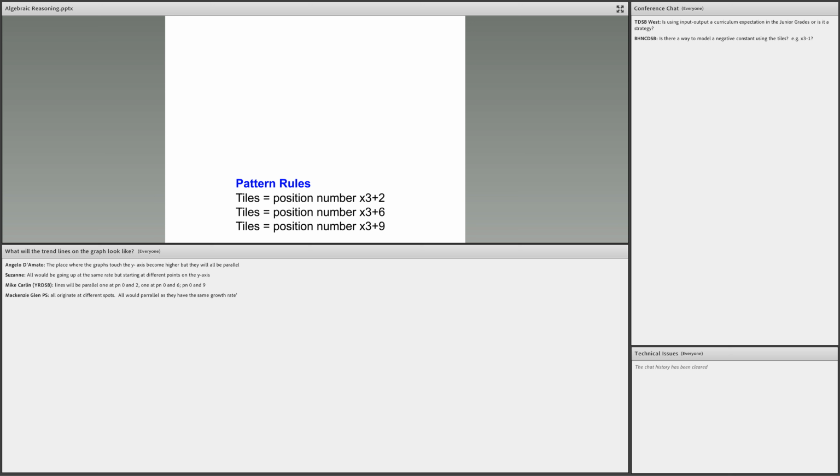And a lot of times students will use gestures as well, which is really helpful. And for the students who are not quite grasping what's happening, hearing multiple iterations of the same idea but said in very different ways can be extremely helpful. So for example, the place where the graph touches the y-axis becomes higher, but they will all be parallel, and all would be going up at the same rate but starting at different points on the y-axis.